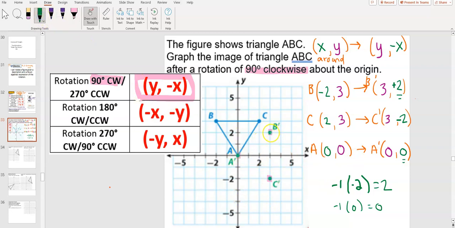And then the last thing I have to do is just connect my points. So I'm going to connect A, B, C, and I'm a little wide and wonky because of the way I'm drawing, but you can see now that this triangle was now rotated 90 degrees to the right, clockwise.